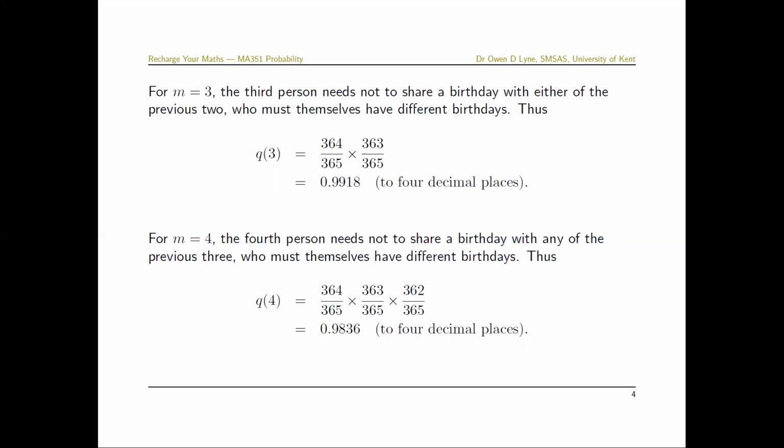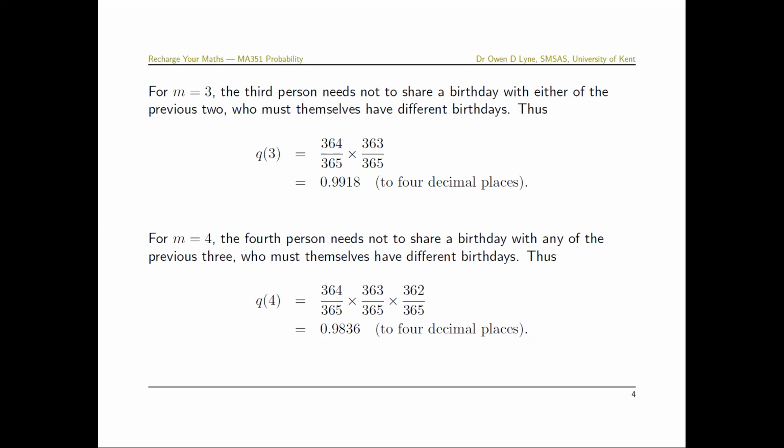There's no reason for one person's birthday to be related to somebody else's. That's an assumption that might break down. I had a school group who laughed at me when I did this problem because they knew they had a pair of twins in the room who definitely did share a birthday. But if we assume they're independent, and that's a concept we'll talk a lot more about in the module, this is the calculation we would do. We would multiply these 2 probabilities together, and then we would get 0.9918 to 4 decimal places.